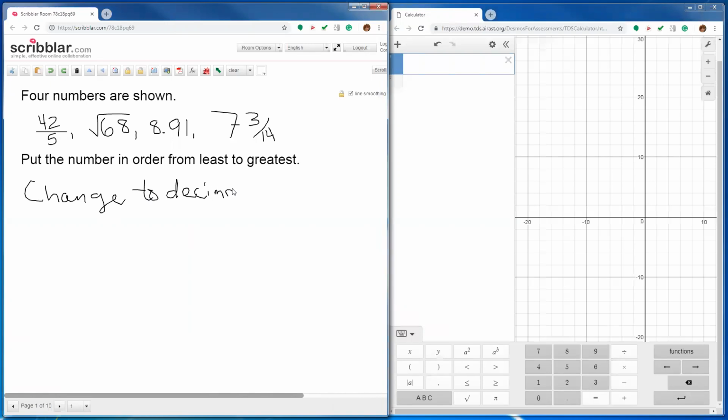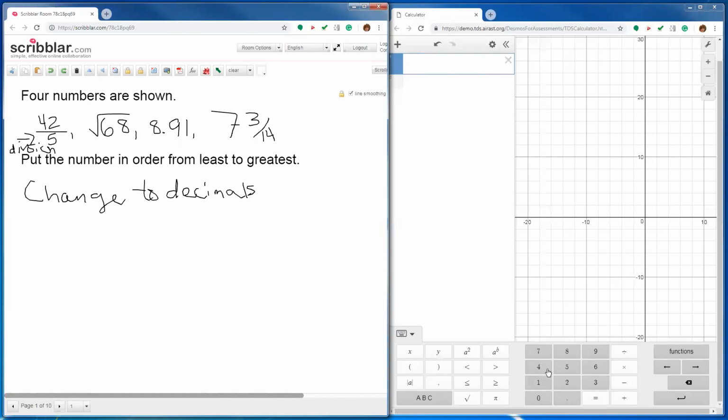So on this online calculator, it does a lot of graphing as well, but it can do basic calculations like this. So 42/5, the fraction bar is actually division. You're going to use the division button, and that actually makes the fraction bar.